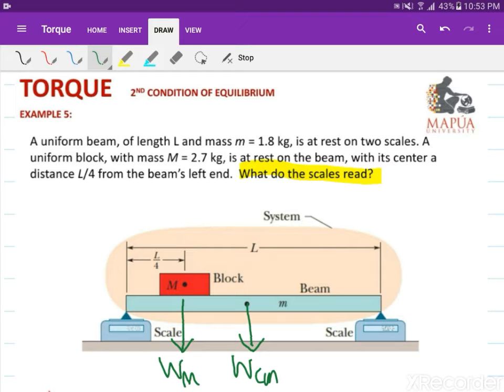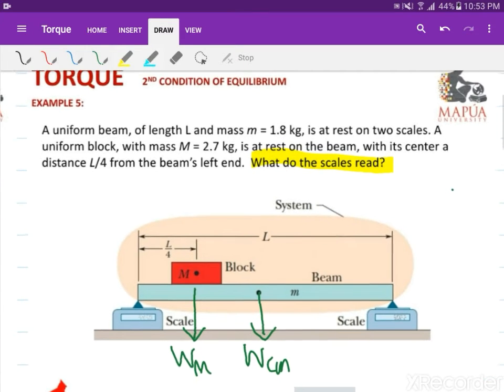Now the beam rests on two scales. So meaning to say, the beam is exerting a weight on the two scales. So by Newton's third law, the scales exert an equal amount of force in the opposite direction on the beam.